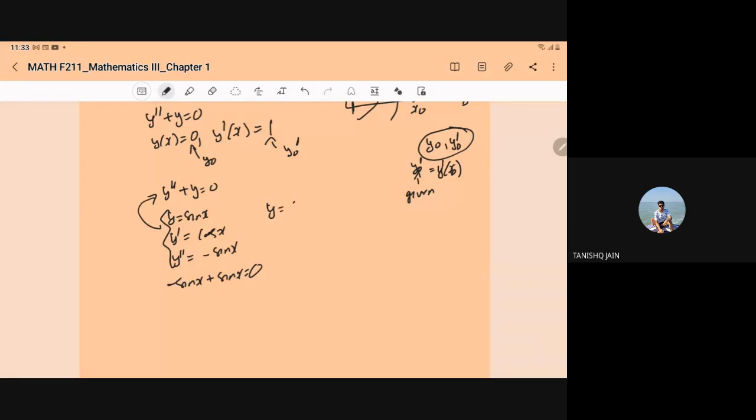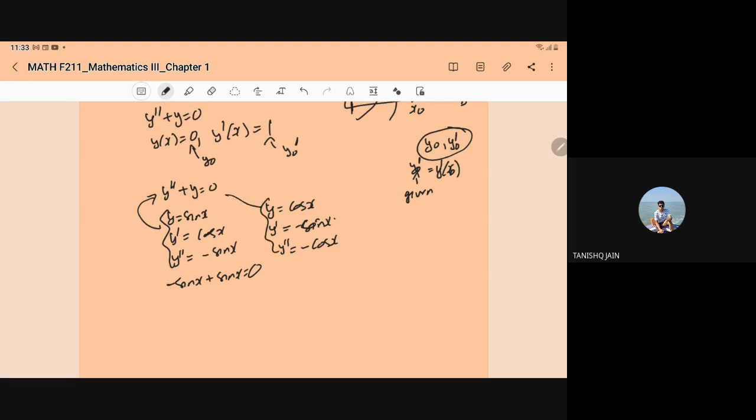Also, y is equal to cos x: y dash is minus sin x and y double dash is minus cos x, so minus cos x plus cos x is equal to 0. So y is equal to sin x and y is equal to cos x are solutions of y double dash plus y is equal to 0.